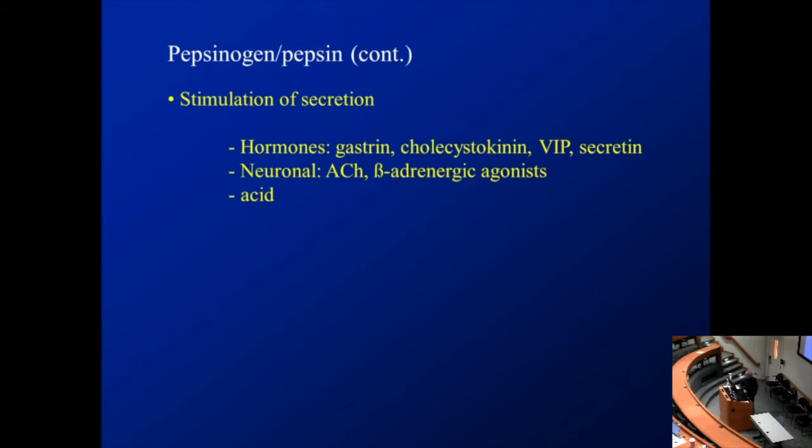Stimulation by the parasympathetic using acetylcholine as a neurotransmitter is a strong stimulant for pepsin secretion, but there is also an influence from the beta-adrenergic agonists. And as I mentioned, the acid itself is a stimulus for pepsinogen secretion.